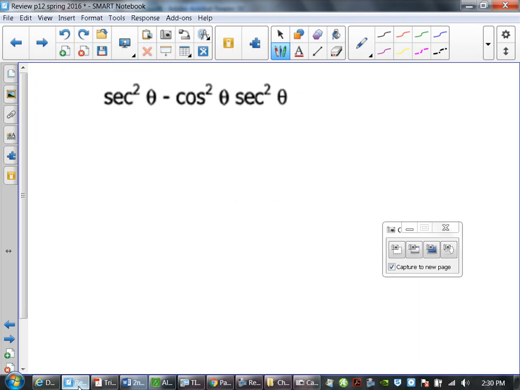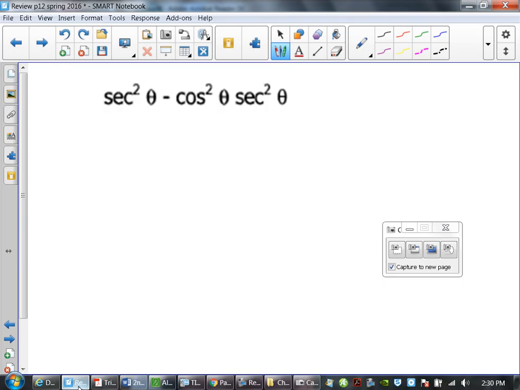Okay. Secant squared minus cosine squared secant squared. What is cosine squared times secant squared? They're inverses of one another.